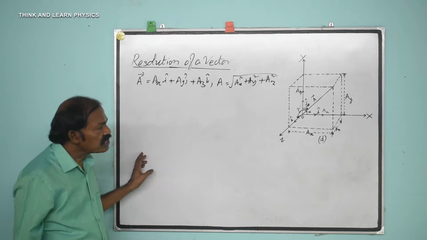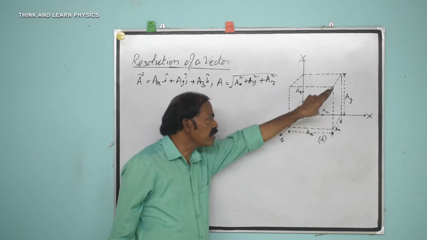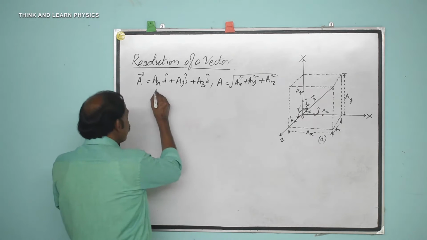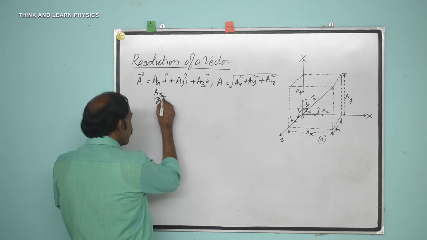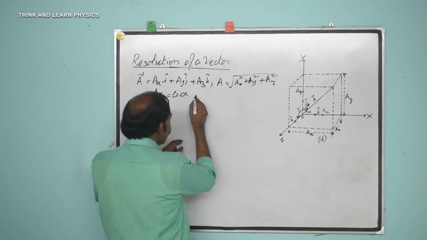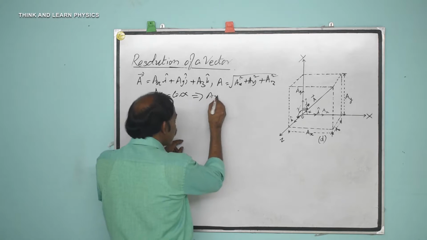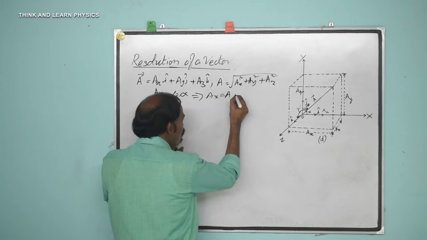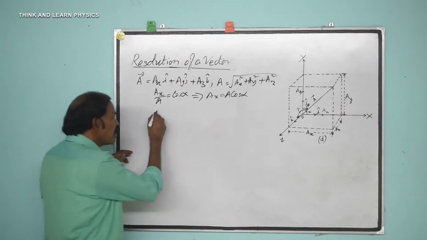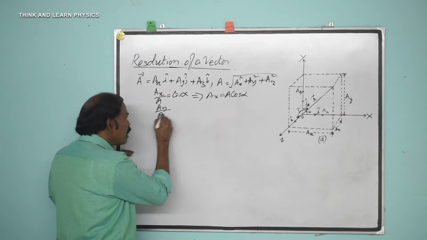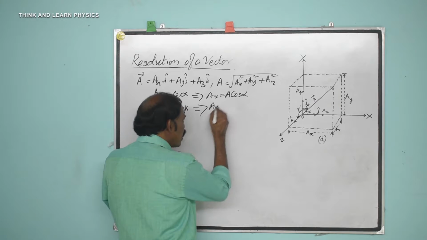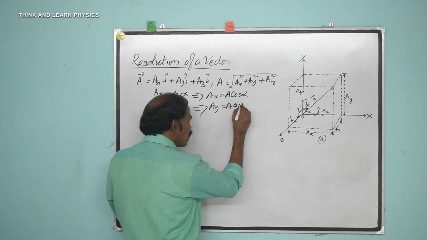From the figure we see that the length ax divided by the length A equals cos alpha. Therefore, ax equals A into cos alpha. Similarly, ay divided by A equals cos beta, or ay equals A into cos beta.